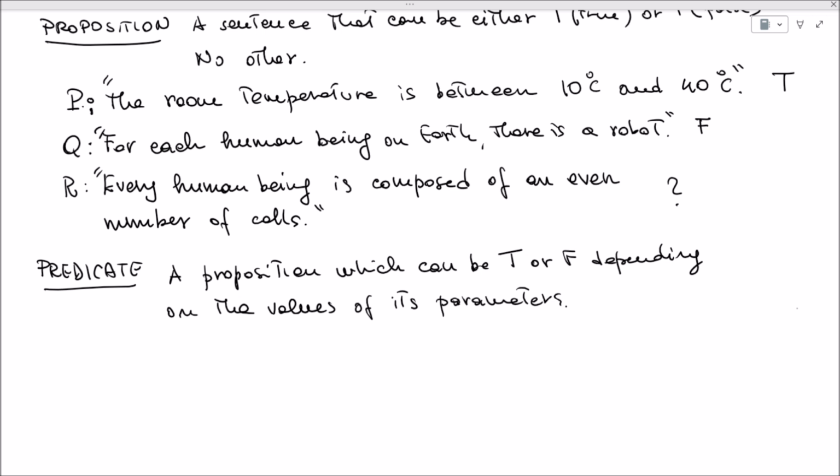For example, consider the following predicate that depends on the parameter x: x squared larger than or equal to 10. Well, this predicate turns out to be true if x is equal to 100, but is false if x is equal to 1. So this is just an example of a predicate, because its true or false value depends on the value that x is taking.